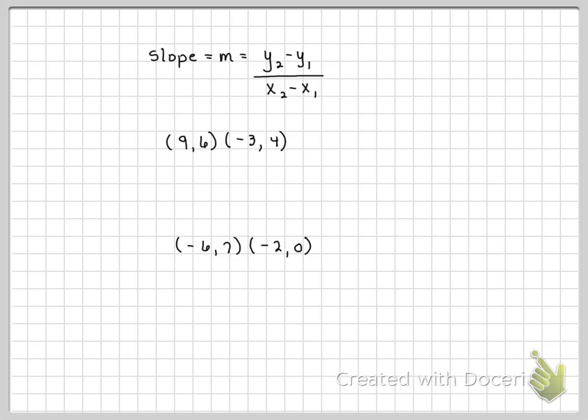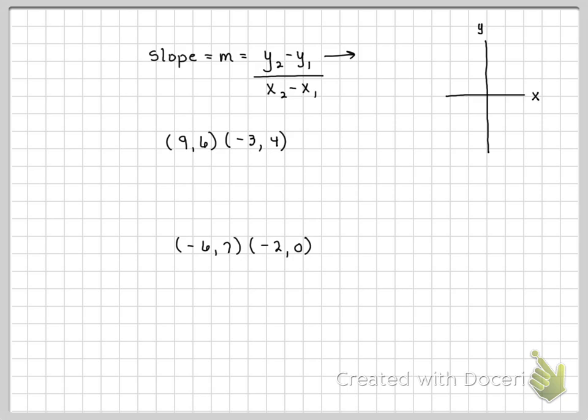Now, for coordinates, when we're not given a graph to look at, we have a slope formula, and it is right here: y2 minus y1 over x2 minus x1. Now remember, the y is your vertical axis. So that's your y-axis right here, and this is your x-axis right here.